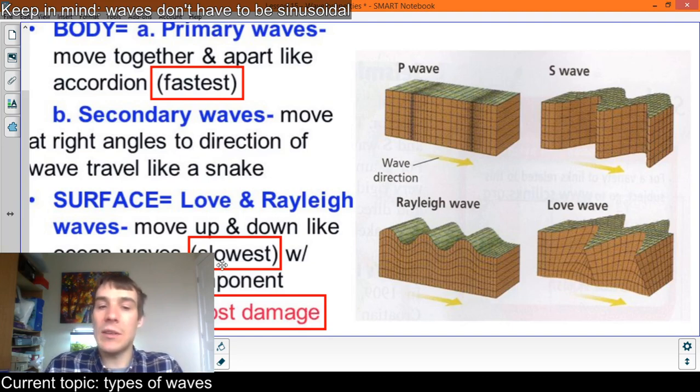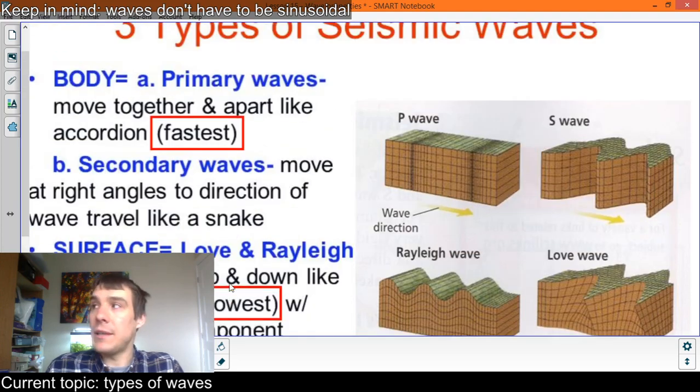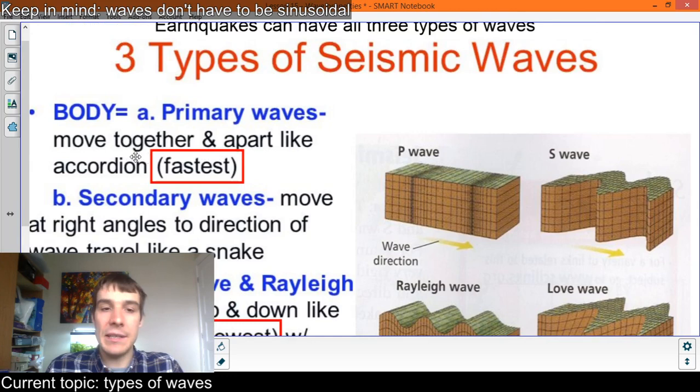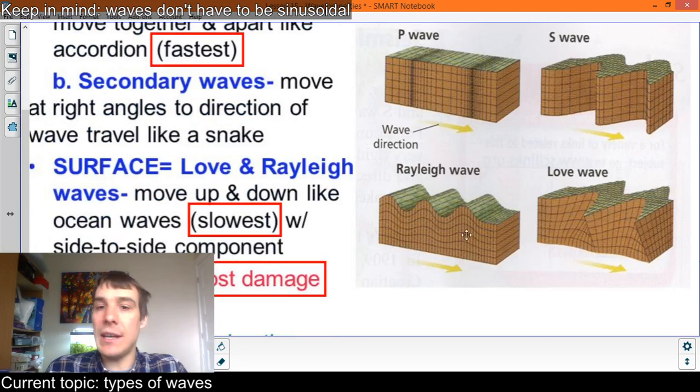But they are the slowest, which is important because these move fast and have the least amount of damage. It can lead to early warning systems where the primary waves are detected, and then very quickly like a tweet is sent out, and people can actually go and seek shelter before these guys get there, just because these have gotten there first.